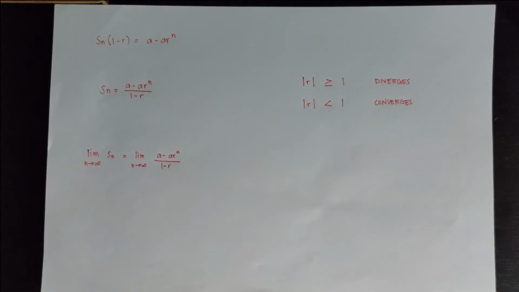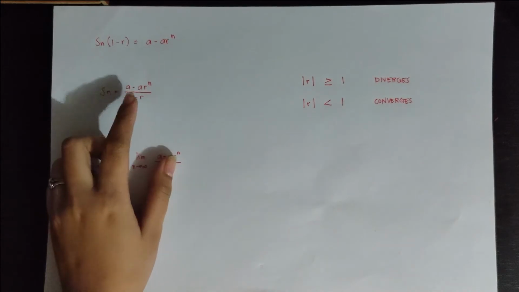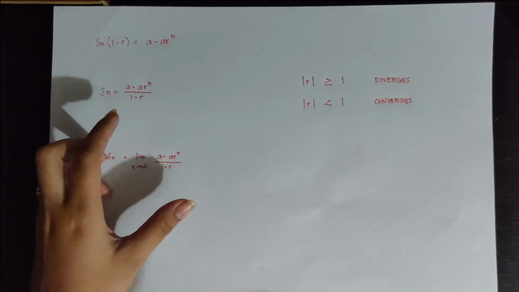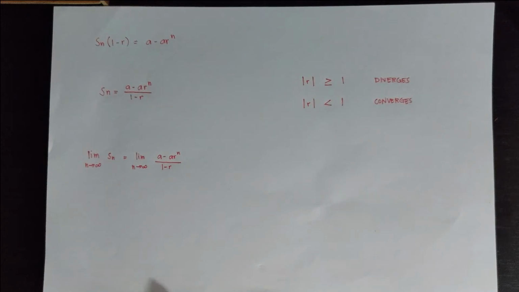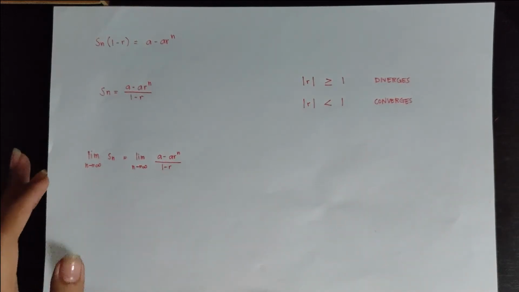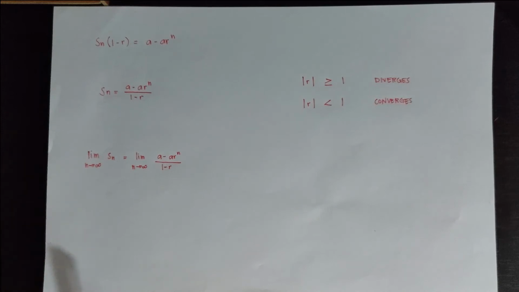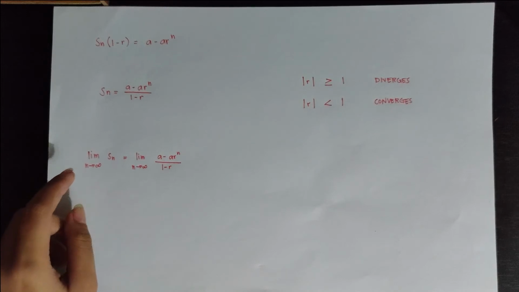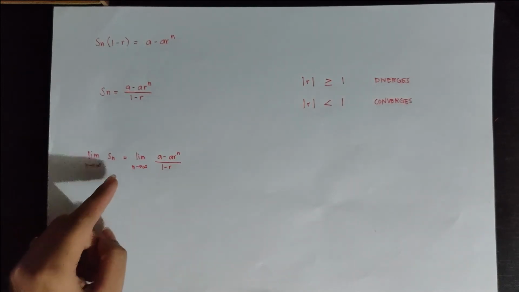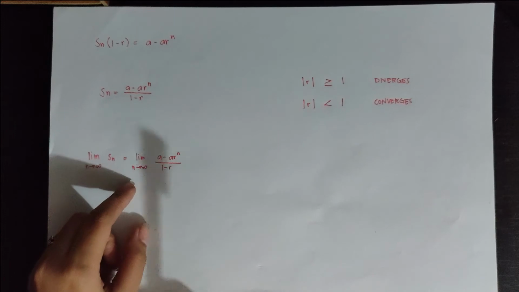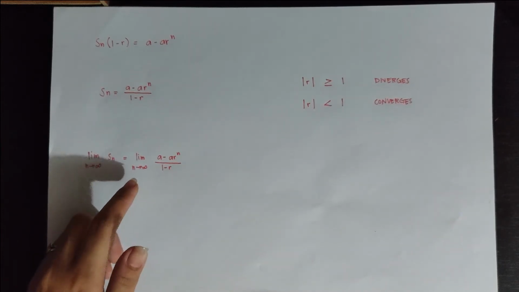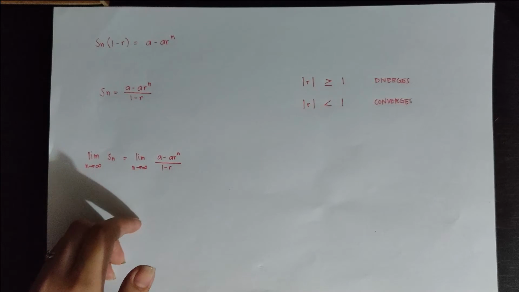Now, if I focus on the special case where r is not equal to 1, then I can divide by 1 minus r and get my partial sum, a minus ar to the power of n over 1 minus r. The series converges, by definition, if the limit of the partial sums converges. So the limit as n approaches infinity of the partial sum equals the limit as n approaches infinity of a minus ar to the power of n over 1 minus r.